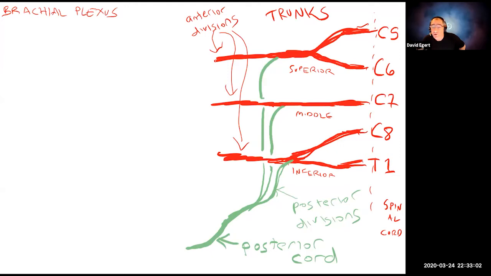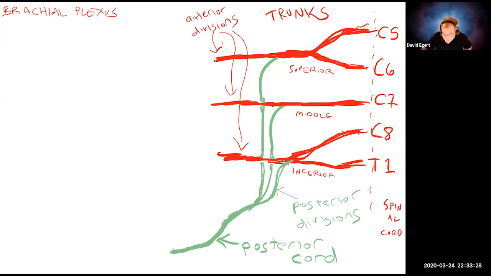So when I'm drawing it like this, the red thing obviously is in front, hopefully this is clear. This is supposed to show that this green thing is behind these anterior divisions. So we're going to follow this posterior cord in a few moments.